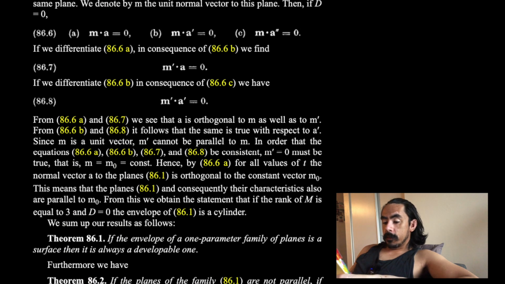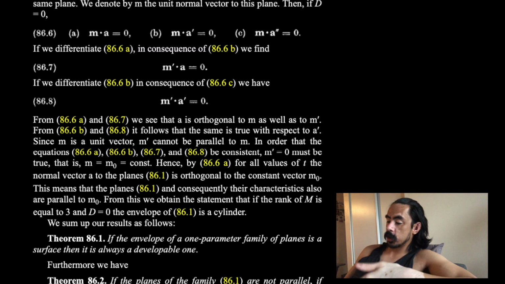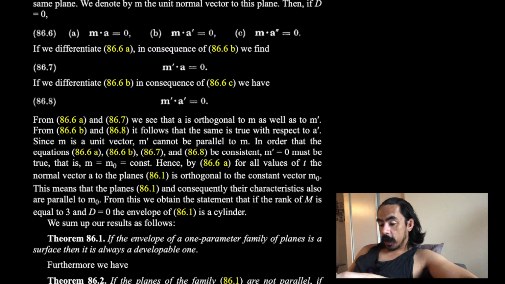From the scalar product of M and A being 0, and the scalar product of M prime and A being 0, we see that A is orthogonal to M as well as to M prime. And from the scalar product of M and A prime being 0 and the scalar product of M prime and A prime being 0, it follows that the same is true with respect to A prime, namely A prime is orthogonal to M as well as to M prime. Since M is a unit vector, M prime cannot be parallel to M.